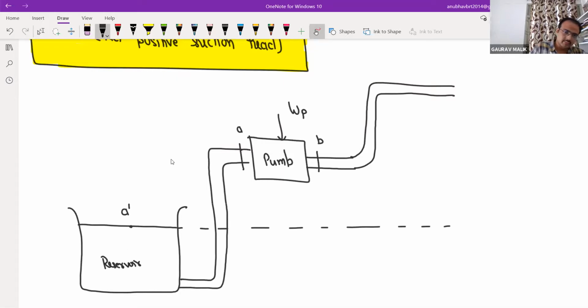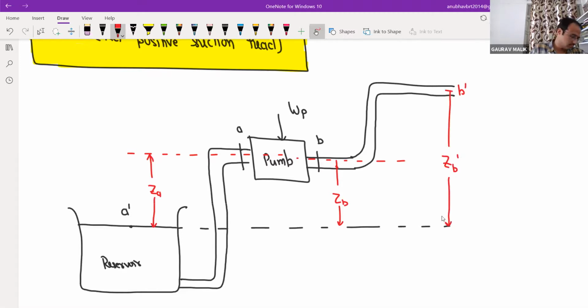This point is A prime. This is ZA. This is ZB. Assume this point is B prime, so ZB prime. Draw this diagram.